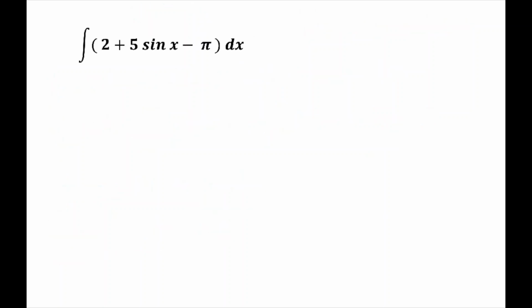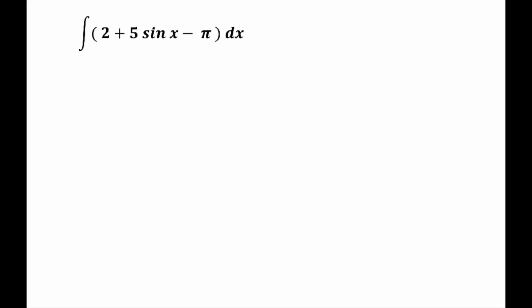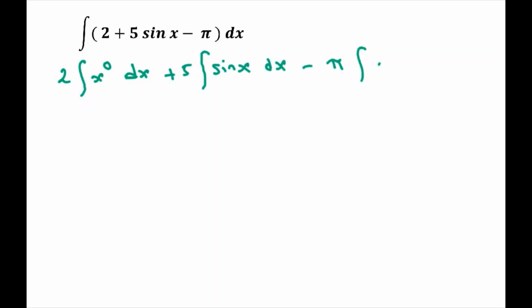Okay, now what about this question here? We're going to follow the same steps. I'm going to split. So it will be 2 x to the power of 0 dx plus 5 sine x dx minus pi x to the power of 0 dx. That's going to be 2x plus 5.